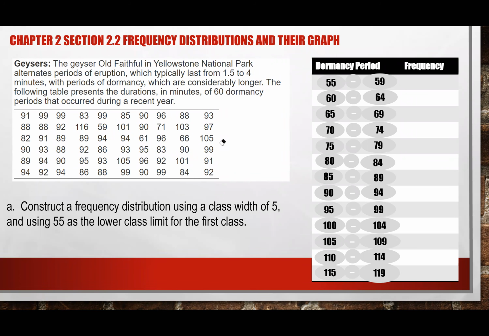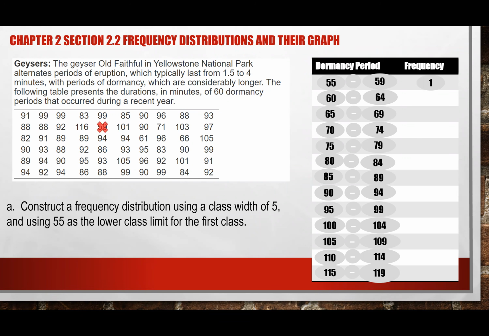Okay. So once we have the lower limit and the upper limit, the only thing we need to do is tally up your data. How many data are between 55 and 59? In this case, there's only one data, which is 59.